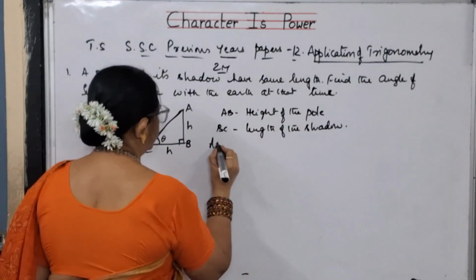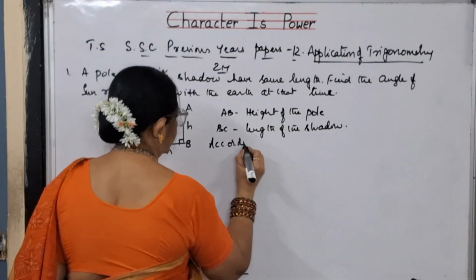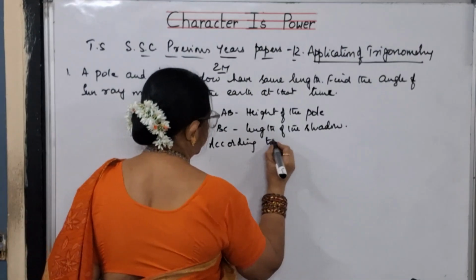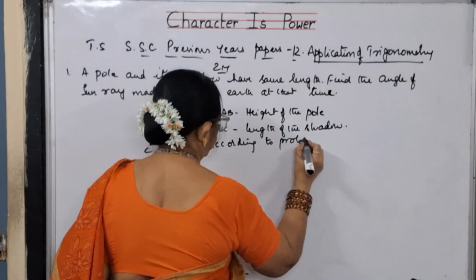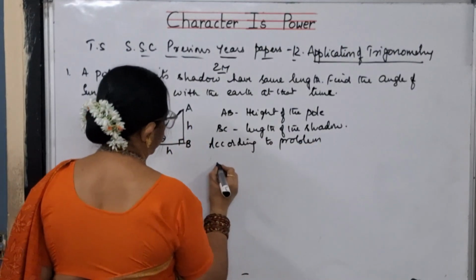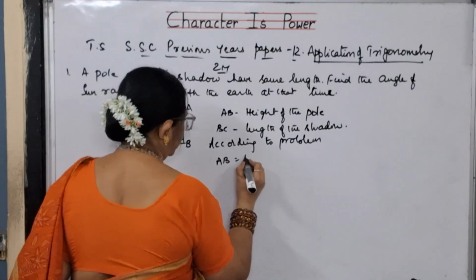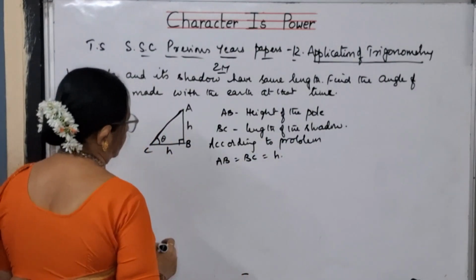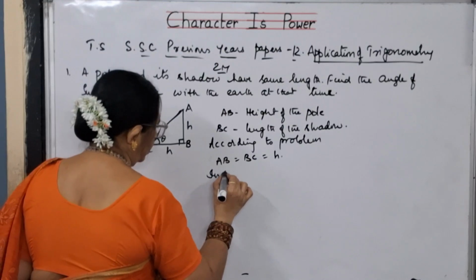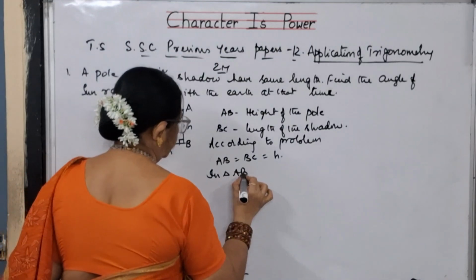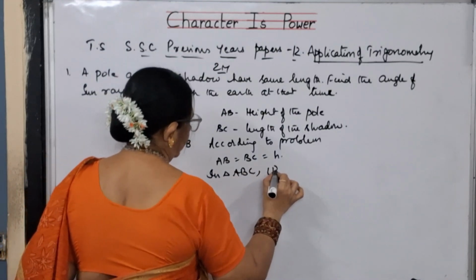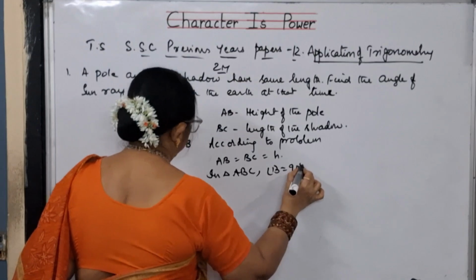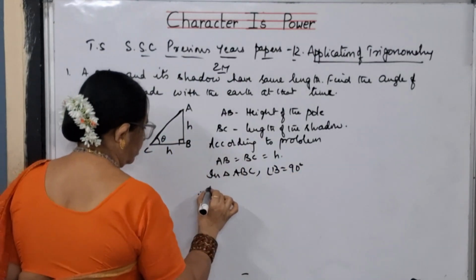What does the problem say? According to the problem, AB is equal to BC. Let us consider it as H. Now we know that in triangle ABC, angle B is 90 degrees.